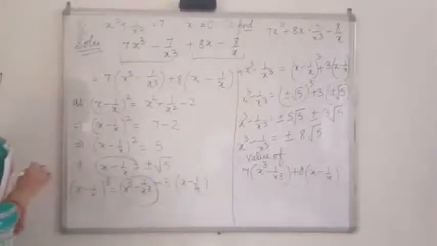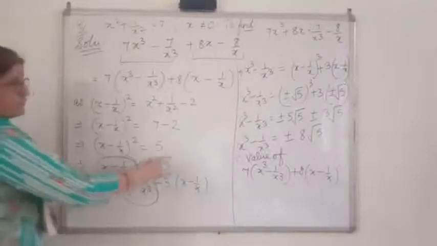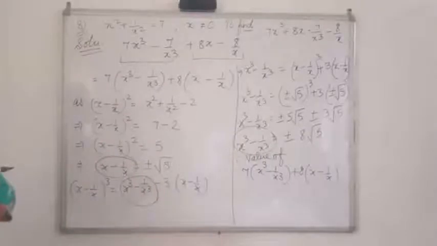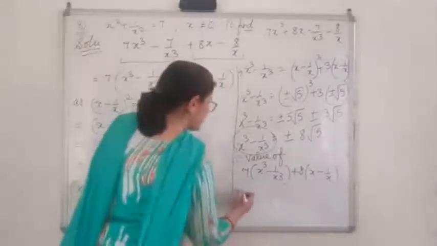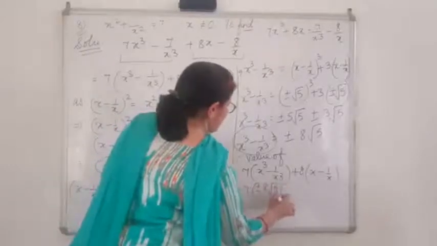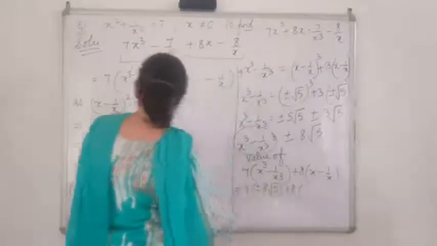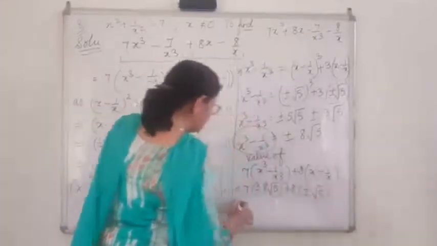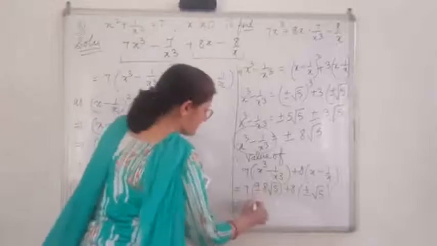x minus 1 over x as plus minus root 5. x cube minus 1 over x cube as plus minus 8 root 5. So 7 into plus minus 8 root 5 plus 8 into plus minus root 5. Multiply. 7 8s are 56.